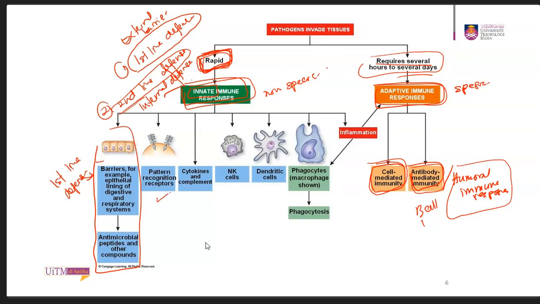Kalau pattern recognition receptor, cytokine, NK, dendritic cell, phagocytes ni, dia boleh overlap. Phagocyte by the macrophage dia boleh overlap antara innate dengan juga adaptive. Okay, fungsi dia related.